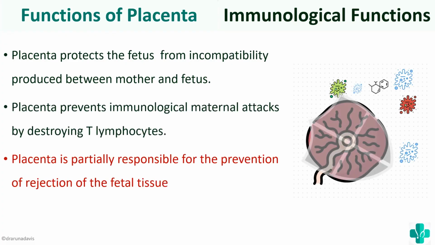The placenta can prevent the immunological maternal attacks by destroying the T lymphocytes. The placenta acts like a shield so that all the T lymphocytes are prevented from entering. So that is why we say that the placenta is responsible for prevention of rejection of this fetal tissue.